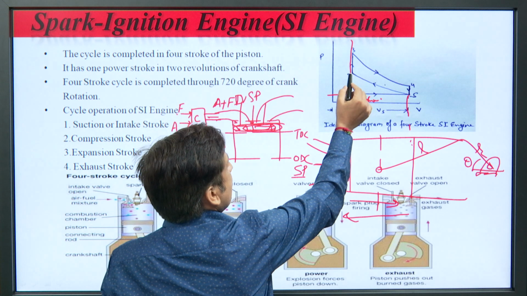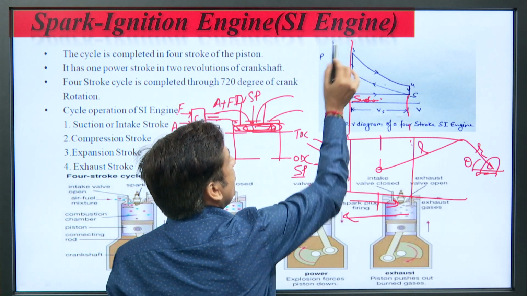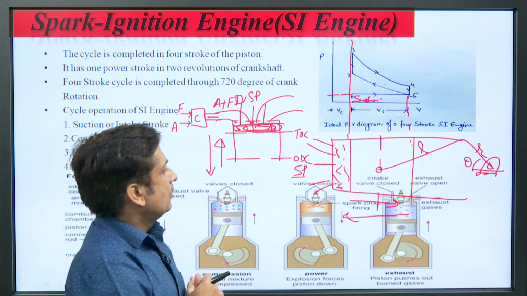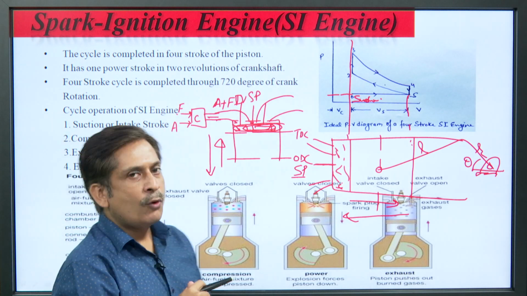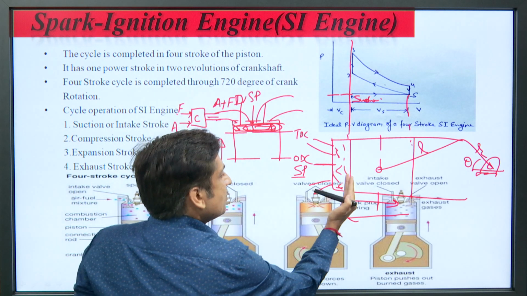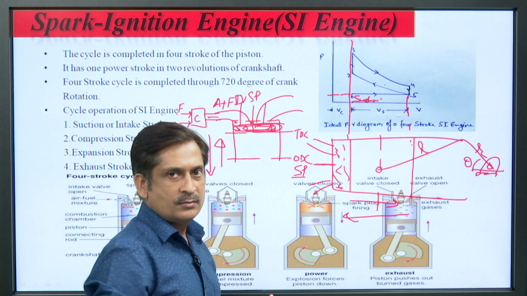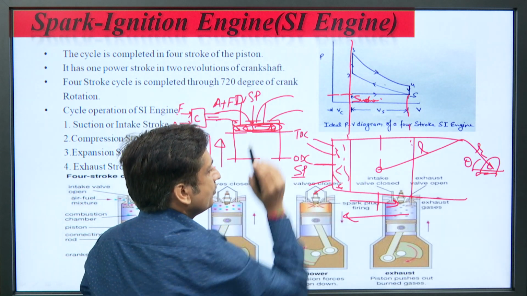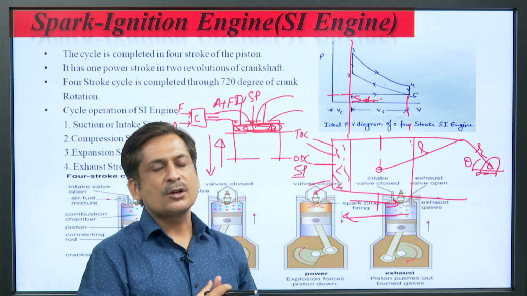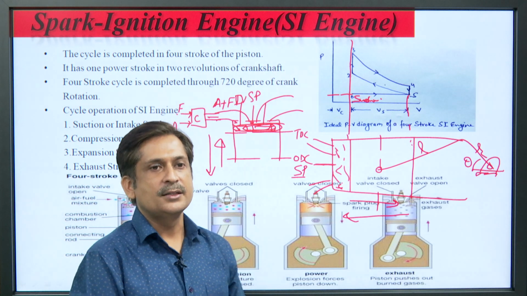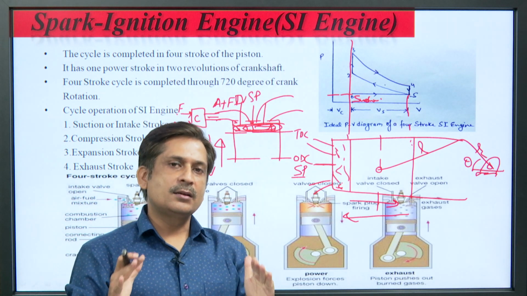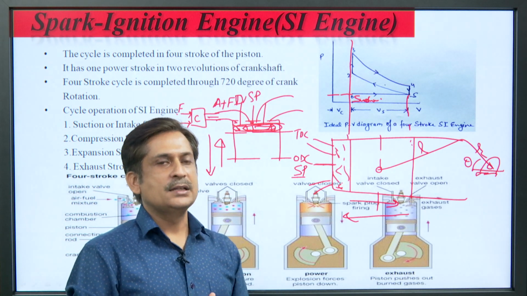Ideally, it is assumed that from 2 to 3 the volume remains constant, meaning the piston remains here at clearance volume, which is not possible practically. So, I am taking the ideal condition first.